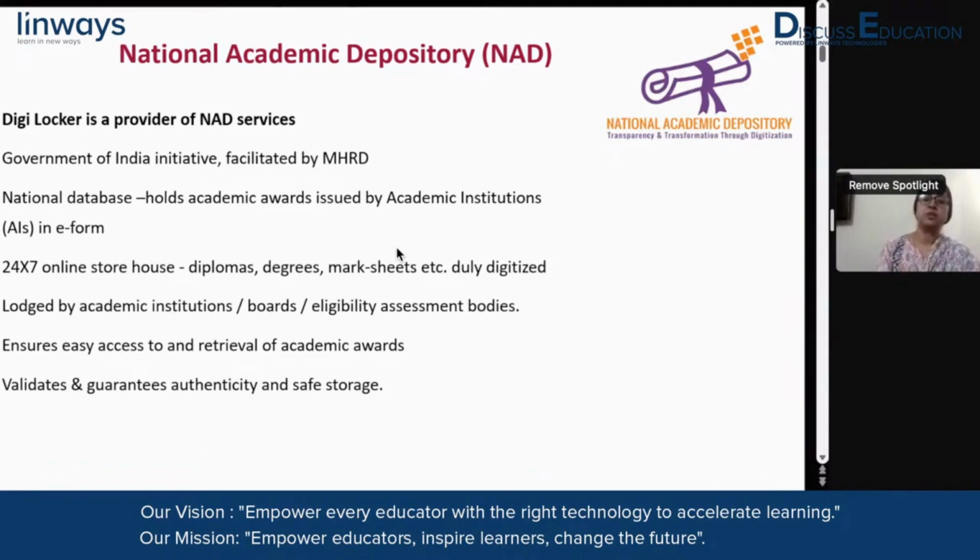This is a 24/7 online storehouse of all the digitized diplomas, degrees, mark sheets, grade cards, and such certificates. And this is lodged by academic institutions or boards or eligibility assessment bodies, and ensures very easy access to and retrieval of academic awards.